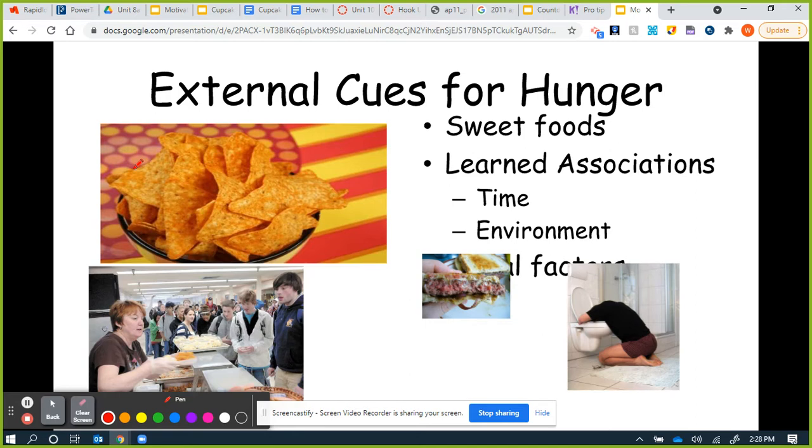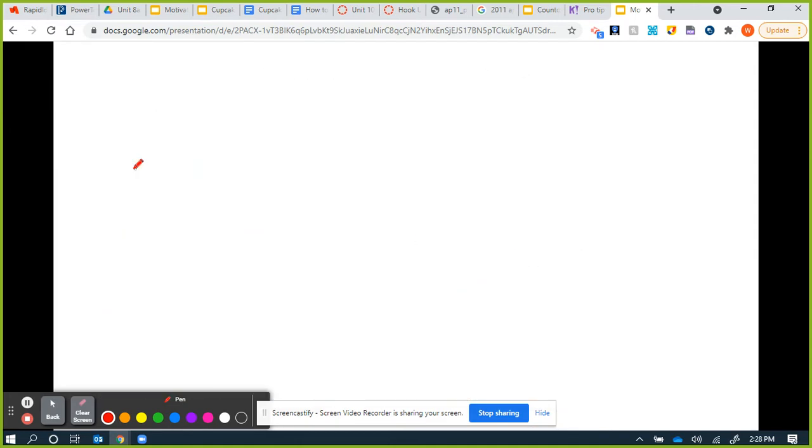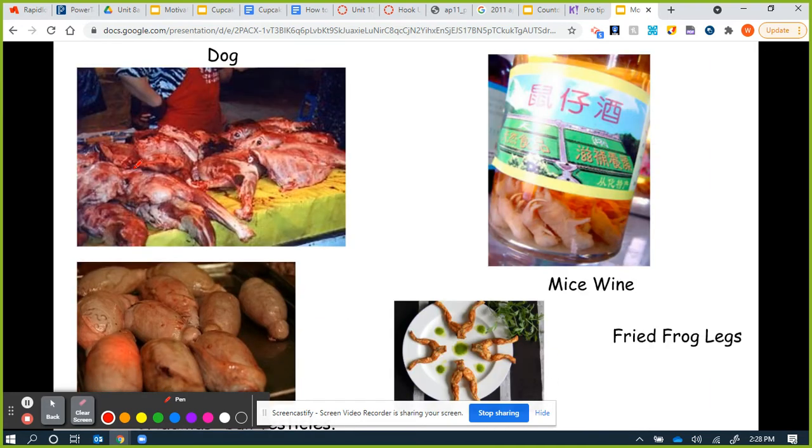Even if you just ate a meal, if it's 6:30 and 6:30 is your normal dinner time, you're going to be like, well, time to eat. Culture obviously plays a big role in it as well. What we eat, when we eat, why we eat. Okay, but we don't really get into that.